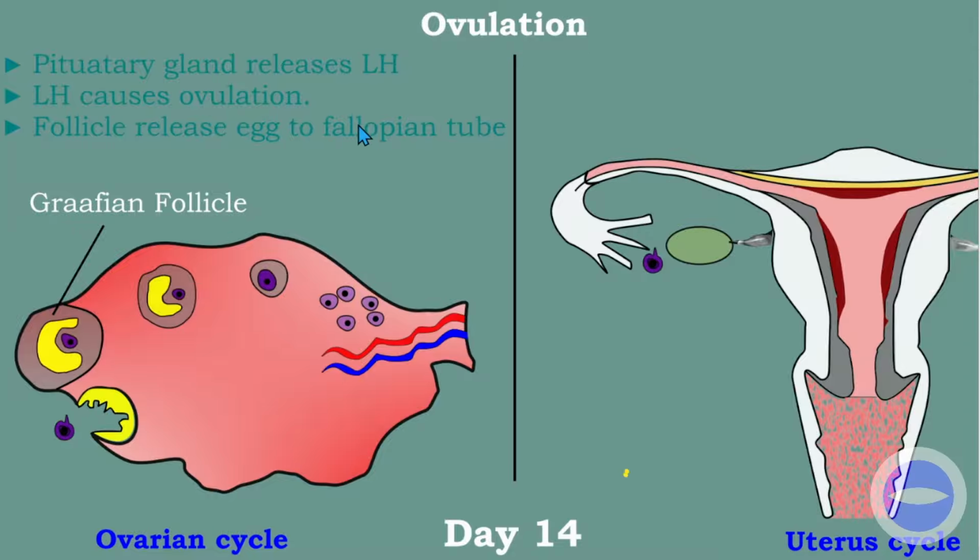So for ovulation, you must know what happened. The pituitary gland releases luteinizing hormone. The luteinizing hormone causes ovulation. And then the follicle will rupture and release the egg, and the egg will leave the ovary and move to the fallopian tube.